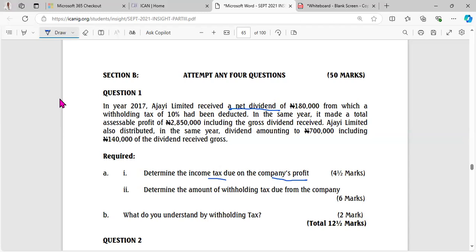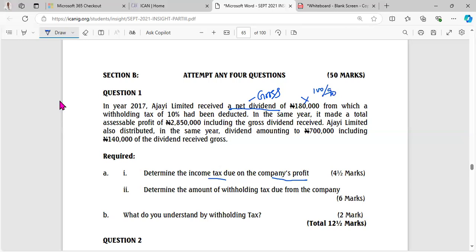So we will need to change this to gross. This is a net, we need to change to gross. How do we change to gross? All we need to do is to multiply this figure by 100 over 90. That is what we need to do to change it to gross.